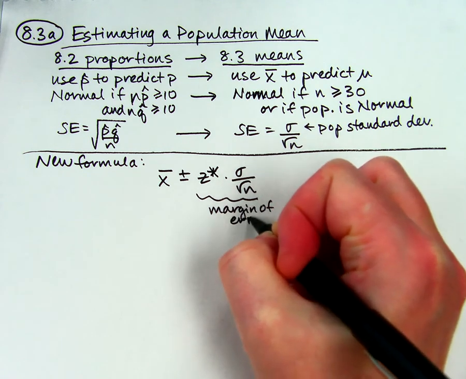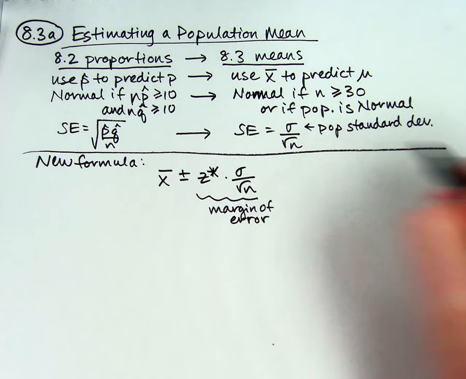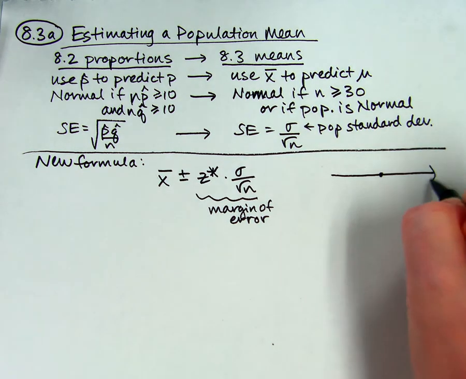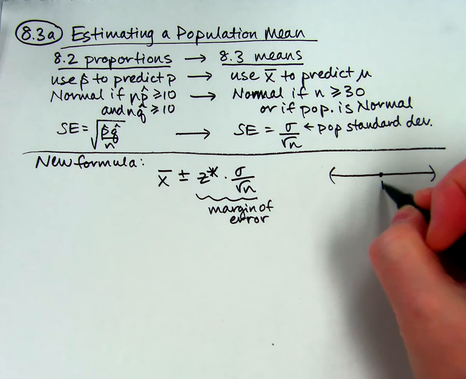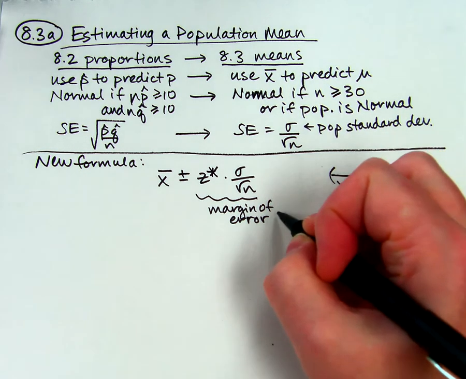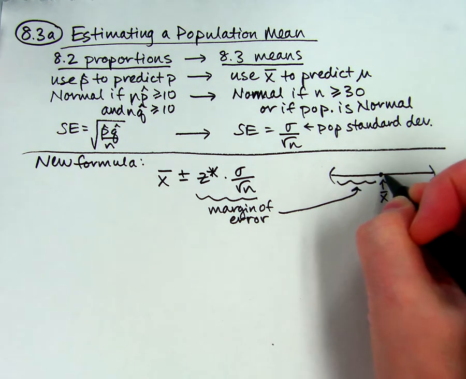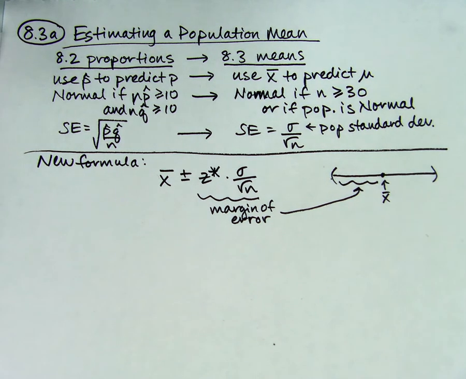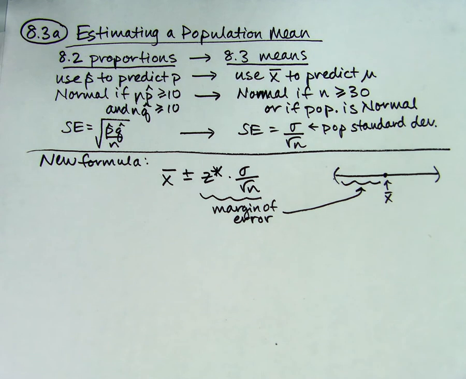It's how far above and below your estimate you're going. So this little picture is still here. We're still doing this. We're taking our point estimate, which is now x bar, and this little bit is the margin of error. That's how far below and how far above you go from x bar to get your interval. And what we're going to do is the same as what we did with proportions.